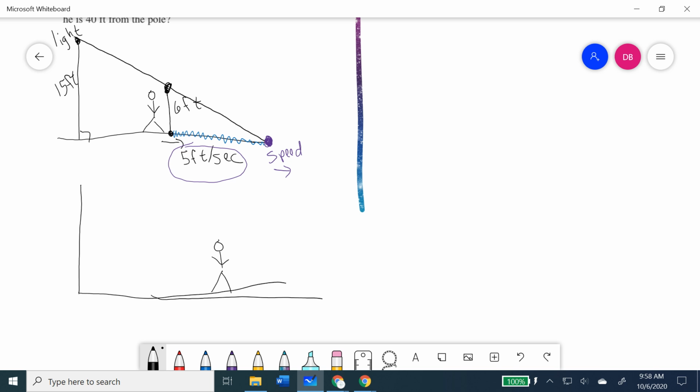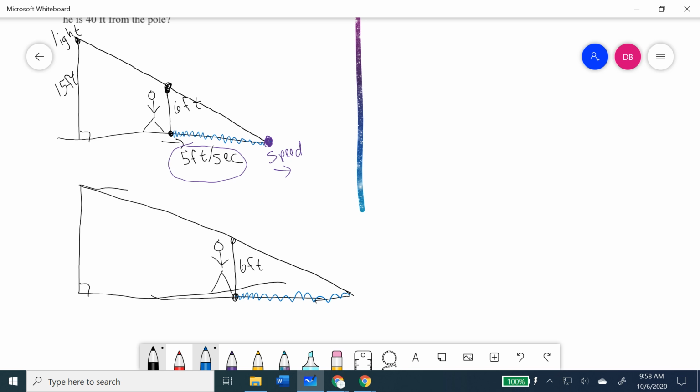Pretend that is a straight horizontal line. And can I draw a triangle? Okay. Here's the shadow right here. The length of the shadow is partly dependent on that person being in a different location.